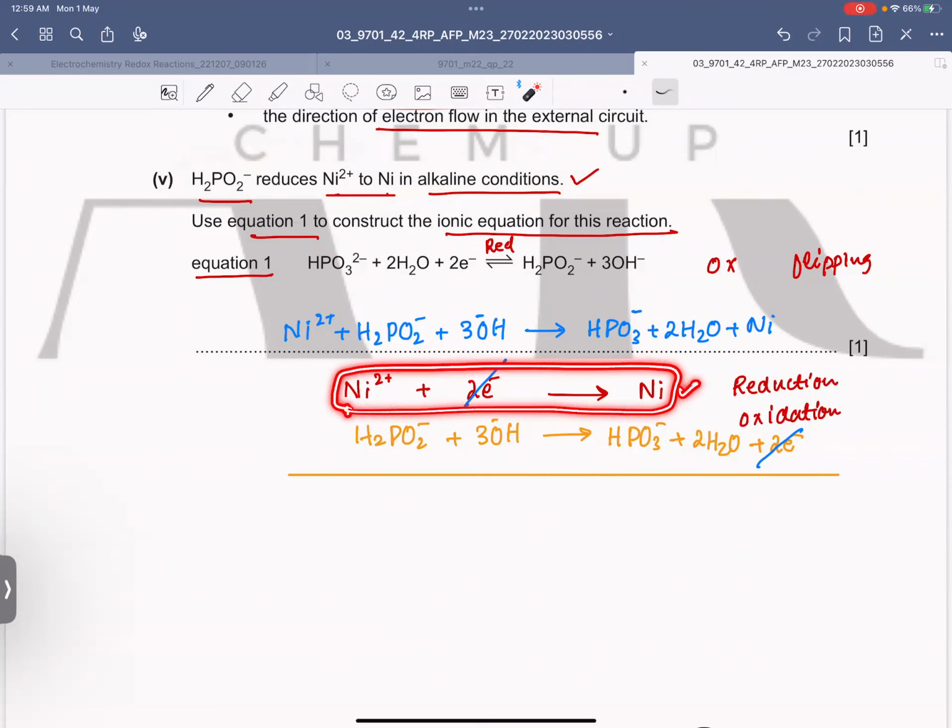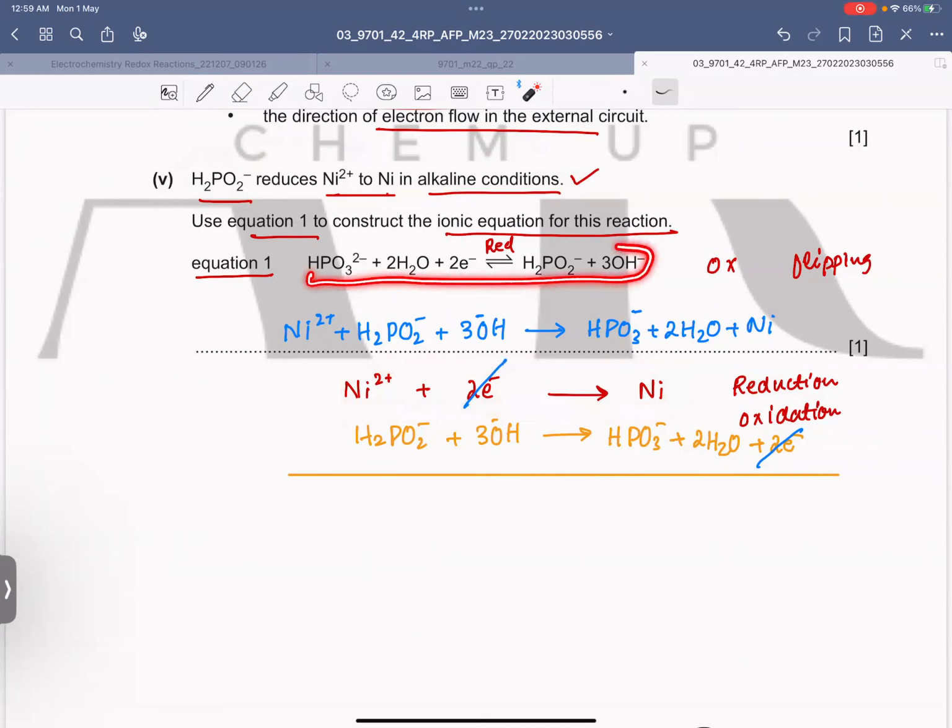So that's why I didn't flip. And in this other equation, the forward reaction is also a reduction. But if this is undergoing reduction, then clearly in this equation oxidation occurs, and to show the oxidation, I have to flip this equation. Is it clear? Yes, sir. And then we have to look at the number of electrons on both the sides. If both the equations have the equal number of electrons, just add the equations.